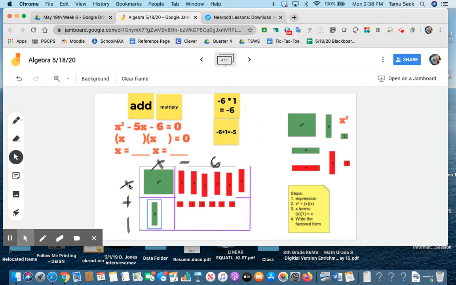So x times x is x squared, x times -6 is -6x, 1 times x is 1x, and 1 times -6 is -6. So what are we going to put here? We're going to put x minus 6 and x plus 1.